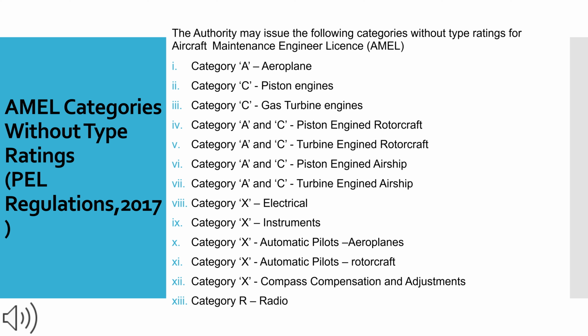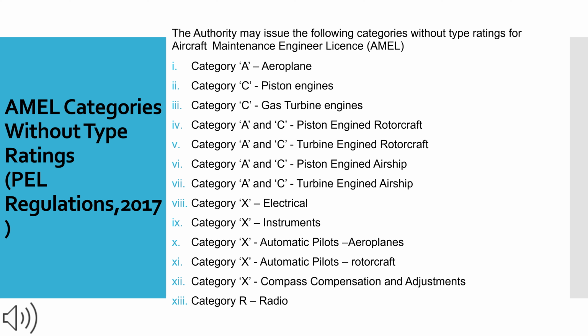Aircraft Maintenance Engineer License categories without type rating issued under the Personnel Licensing Regulations of 2017. The authority may issue the following categories without a type rating for aircraft maintenance engineer licenses.